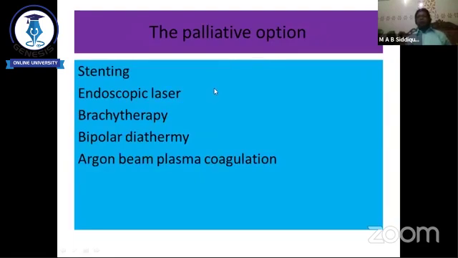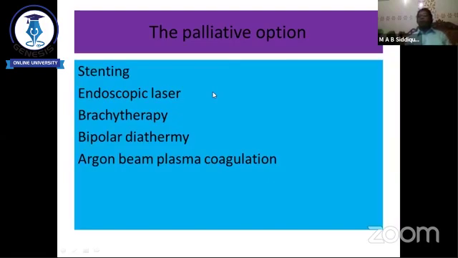What are the treatment options of carcinoma esophagus? The treatment options may be surgery, radiotherapy, chemotherapy. Carcinoma esophagus patients usually present very malnourished, in an undernourished condition.